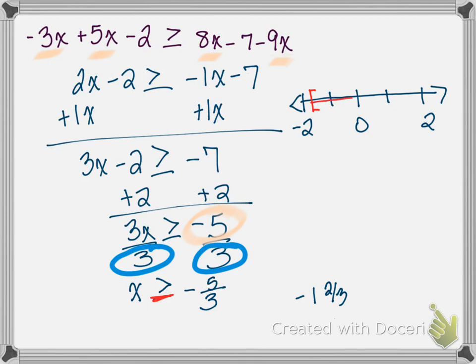I'm going right towards infinity. Okay? So my final answer here is negative 5 over 3, positive infinity. Now, our infinity and our negative infinity always uses a parenthesis. Always.